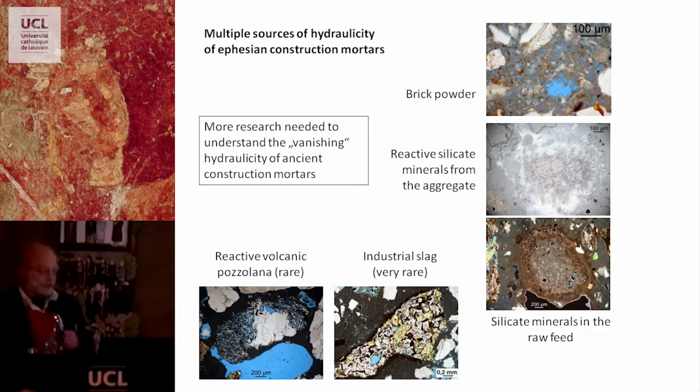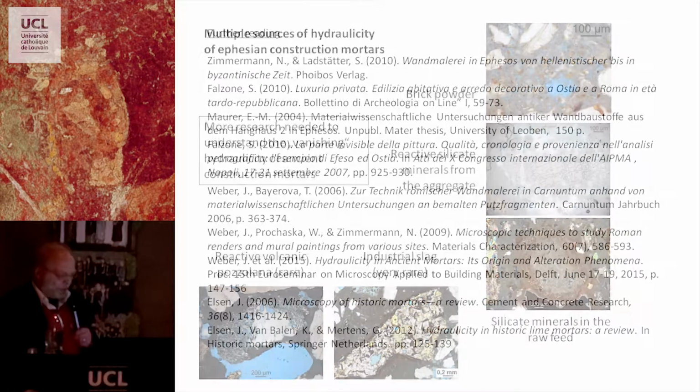So we were in search of these sources of hydraulicity, and it turned out that there are a number of different sources. We are just on the way to study this, because we need more research to understand what we call vanishing hydraulicity, because the sources of hydraulicity are not always easy to find.